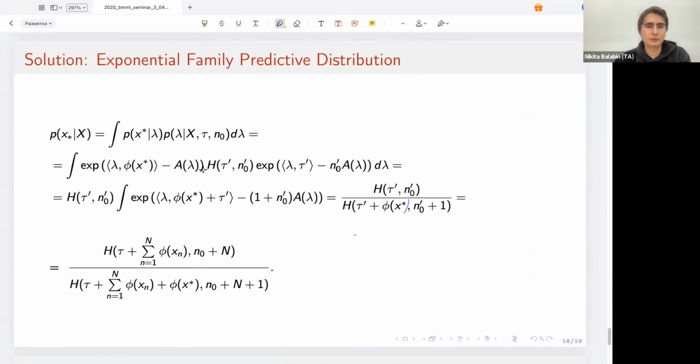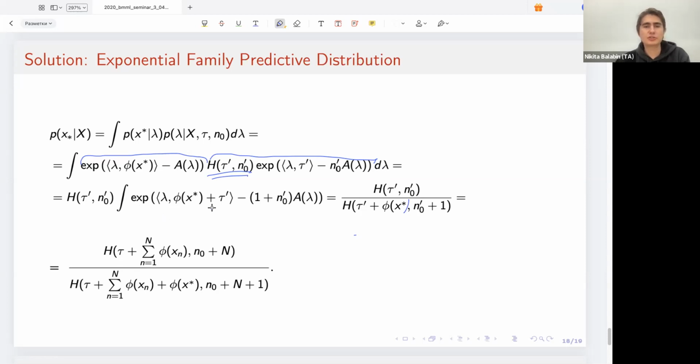We know that the likelihood has the following form, and the posterior distribution has the following form, since we just updated the parameters. And here we again can just extract the posterior normalizing constant, because it doesn't depend on lambda.